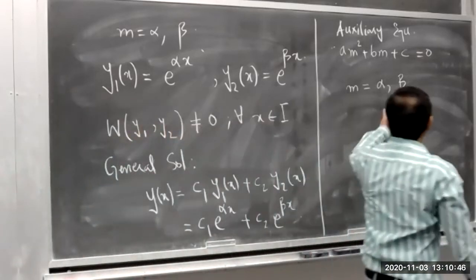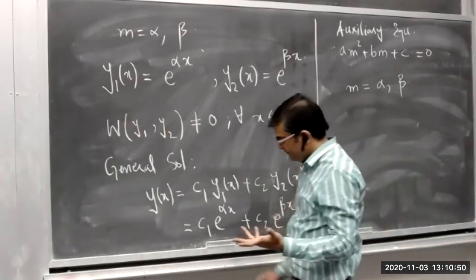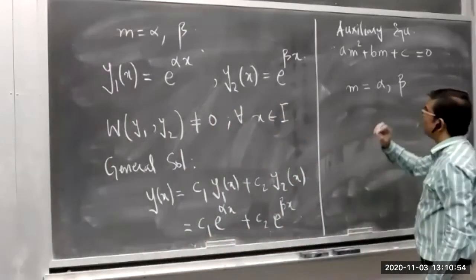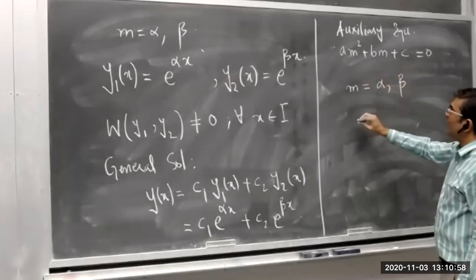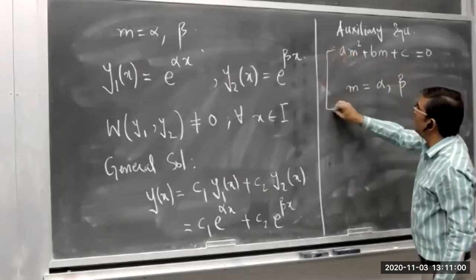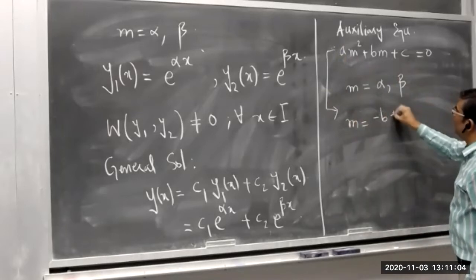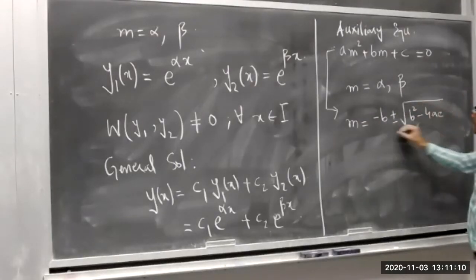But if you have two roots, they could be complex conjugates of each other. So here we can have three cases. If we solve this quadratic equation, the root m will be, using the quadratic formula, minus b plus or minus square root of b square minus 4ac divided by 2a.